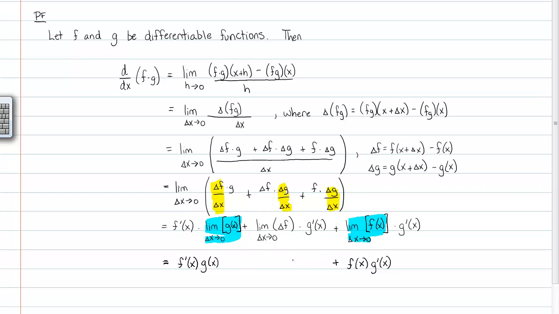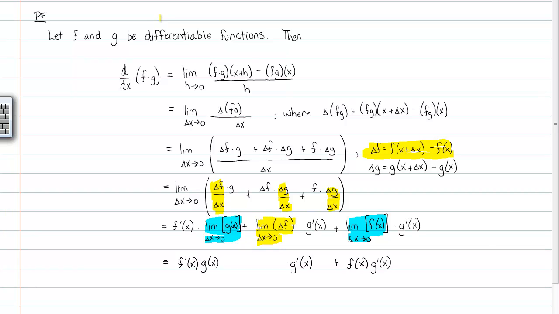The stuff in the middle is the interesting bit, because we have here times g prime of x in the middle. But what is this bit right here? Well, we wrote it up here, and there was a reason why I wrote both of these, to maybe guide somebody along in our proof.